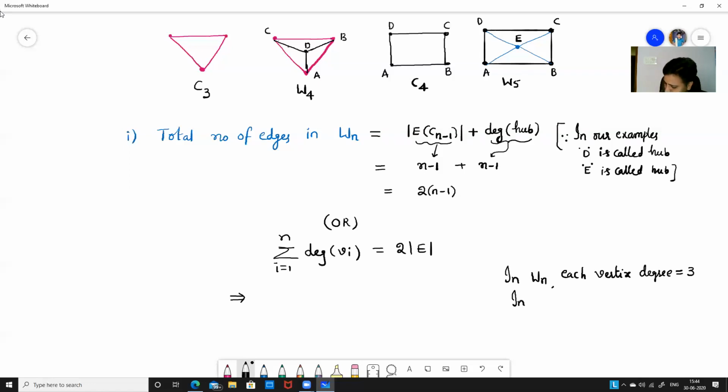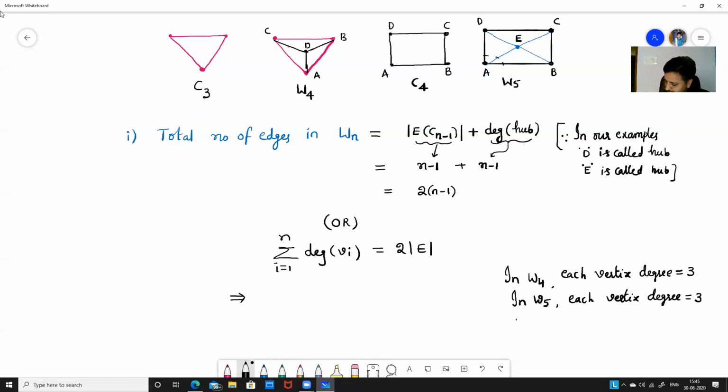Similarly, if I take this W4, each vertex degree is equal to 3. Similarly, if I take W5, each vertex degree is equal to how much? Look at this one. Each vertex degree is equal to 1, 2, 3. Here, each vertex degree is equal to 3.